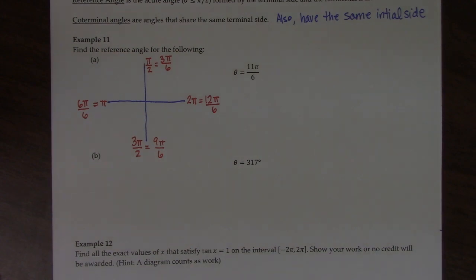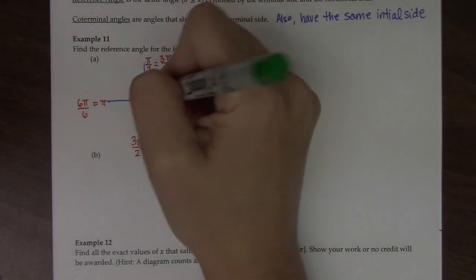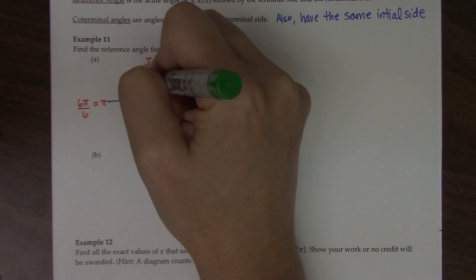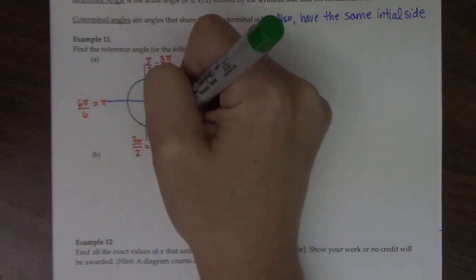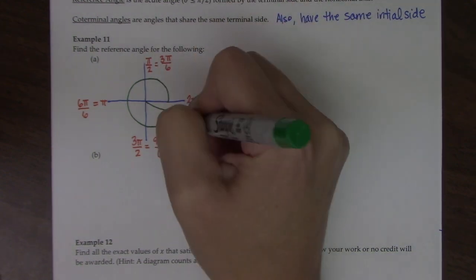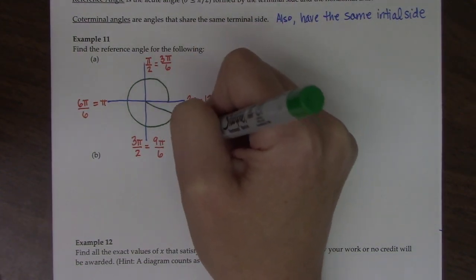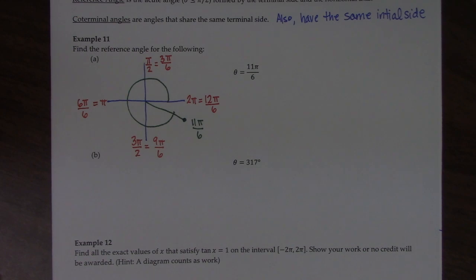I find the denominator rule to be helpful just as a check. So if I draw this angle, it's basically here. So I'm in quadrant 4.